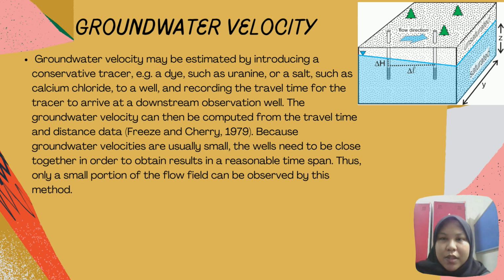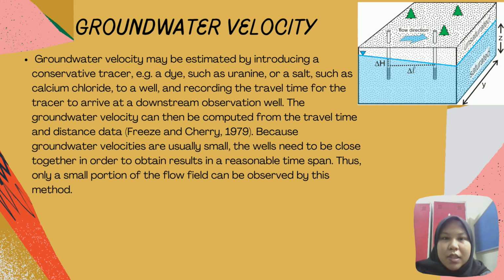Lastly is groundwater velocity. Groundwater velocity may be estimated by introducing a conservative tracer, for example a dye such as uranine, or a salt such as calcium chloride, to a well and recording the travel time for the tracer to arrive at a downstream observation well.